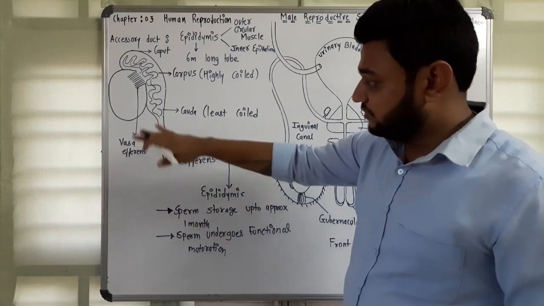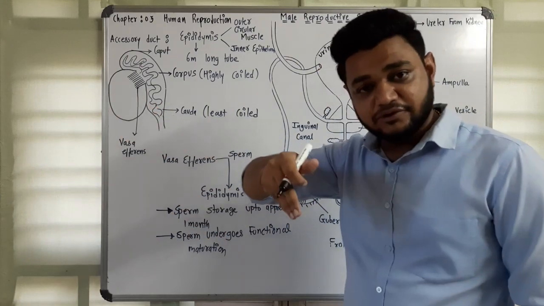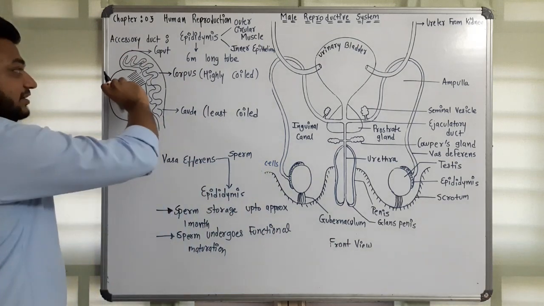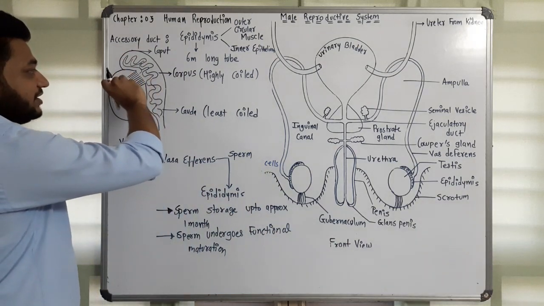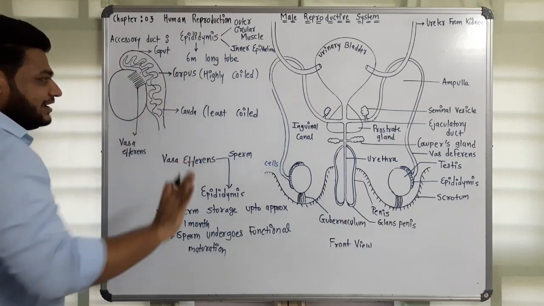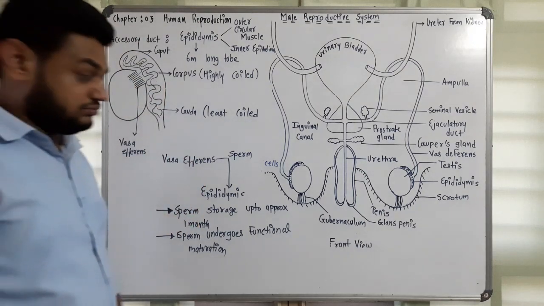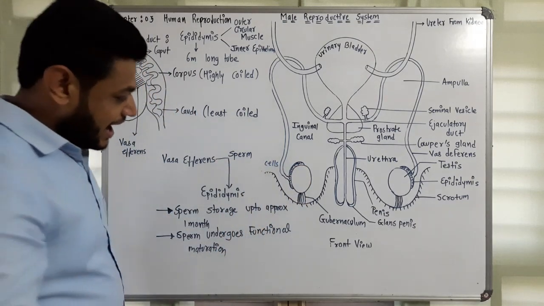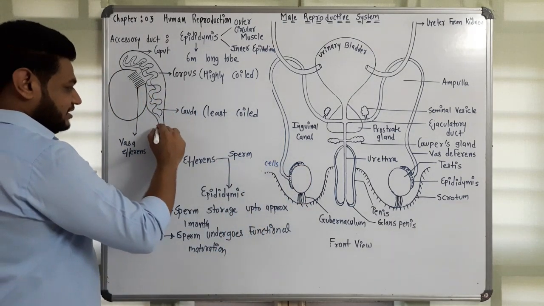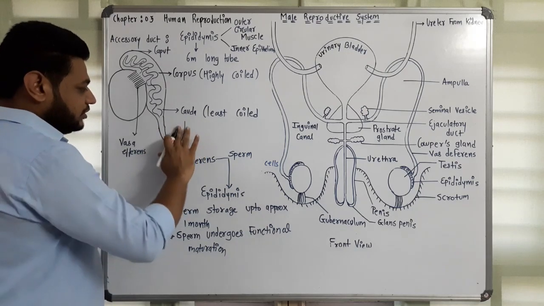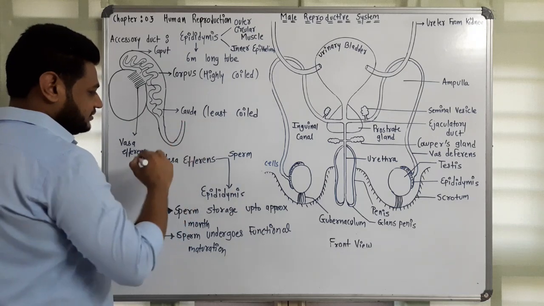Previously we saw how the sperm is produced and how it travels. The vasa efferentia collect the sperm from the testis and deliver it to the epididymis, a 6 meter long tube. After that, the cauda epididymis terminates into a tube called the vasa deferens.